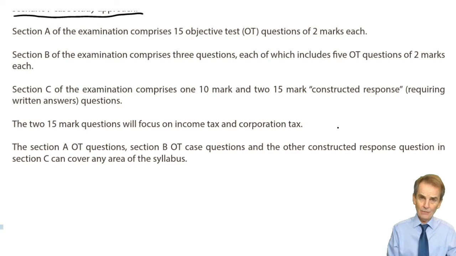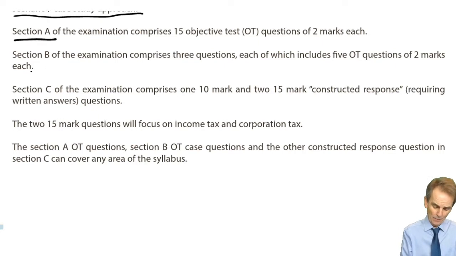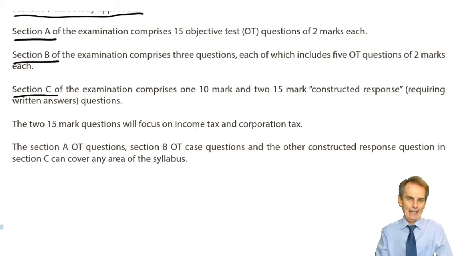Now, it will be a familiar format to those of you who've done already some of the ACCA papers, in as much as we've got Section A, Section B and Section C. Now, we've mentioned the 5 big taxes there. Let's just look at how and where they will be tested, the things that we can be almost sure of.